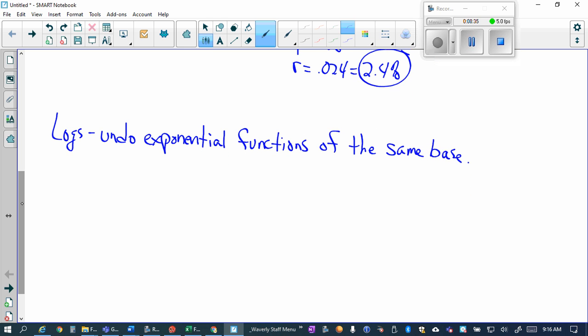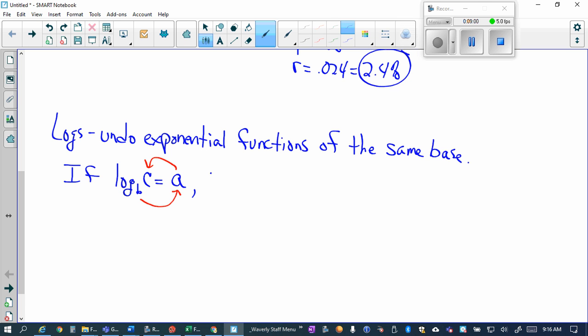And you might have seen this. If log base b of c equals a, with the base as a little subscript down there, do you guys remember that that's equivalent to saying b to the a power equals c?